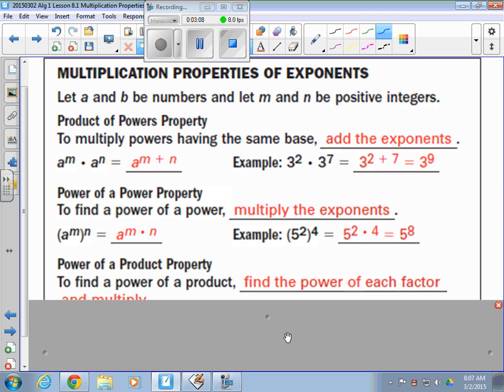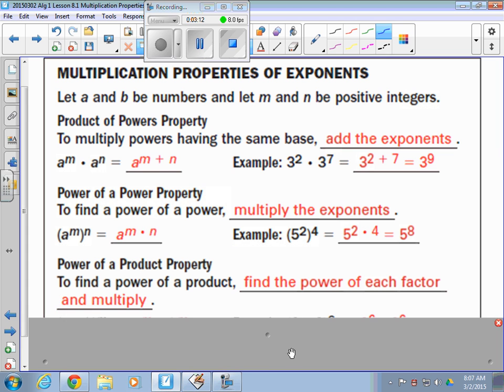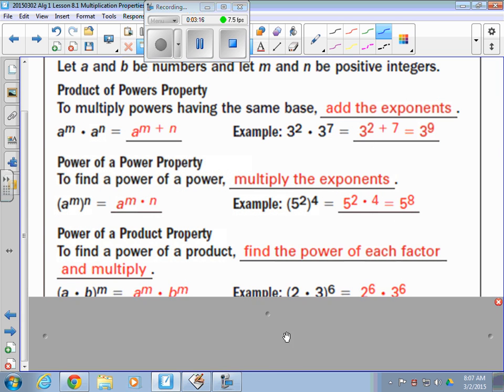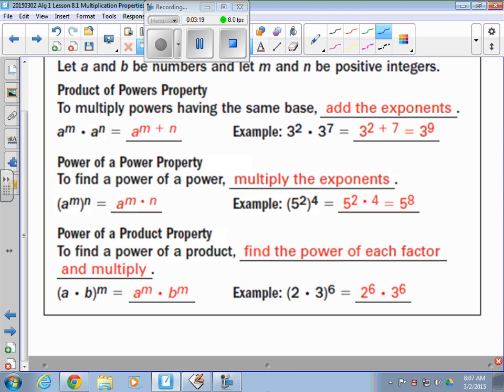To find a power of a product, find the power of each factor and multiply. This is an easy thing for people to understand because most of you are very good with the distributive property. It's not technically correct to say to distribute this M to both of them, but most people can think of it that way and work through these problems with no problem.